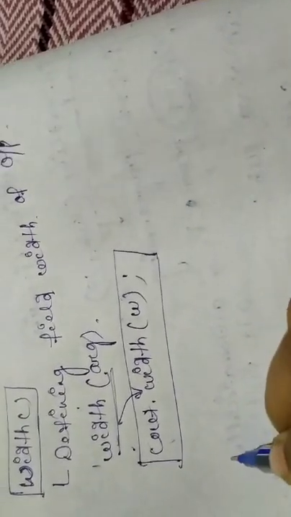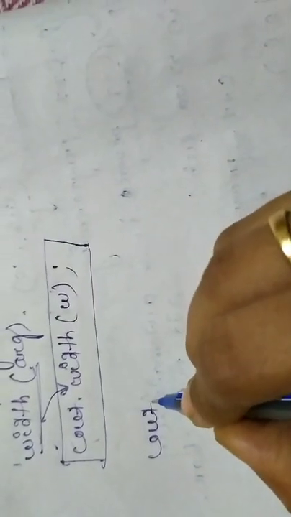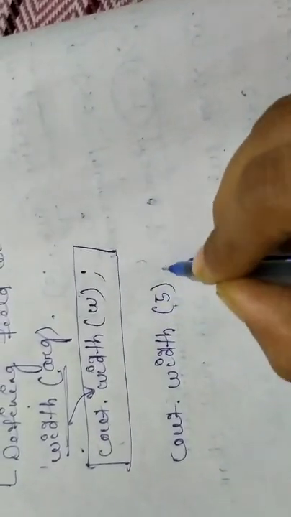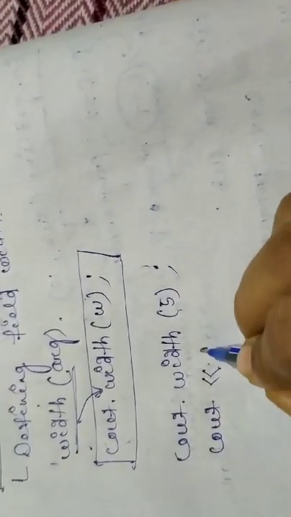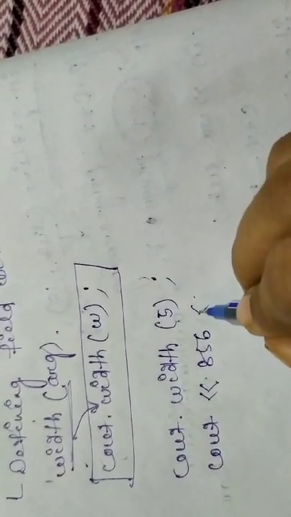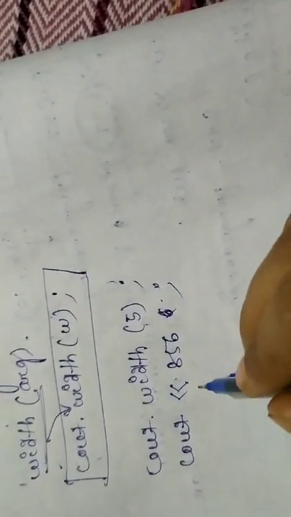Let's see how it can be used and how it will change the format of output. I will use it in an example later, but let's see a small example. cout.width(5), and we have to display the output, let's say 856, only this much. So what will it do?